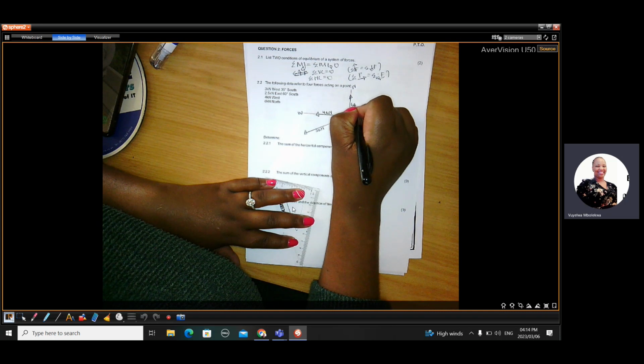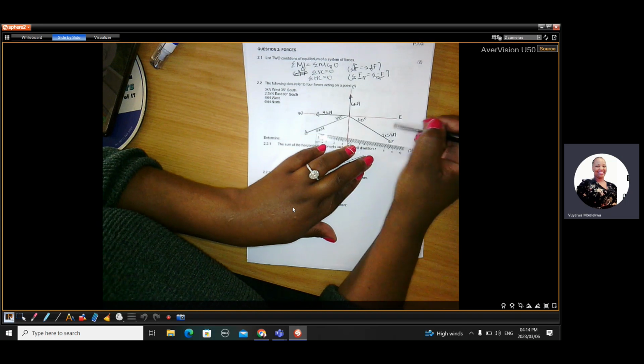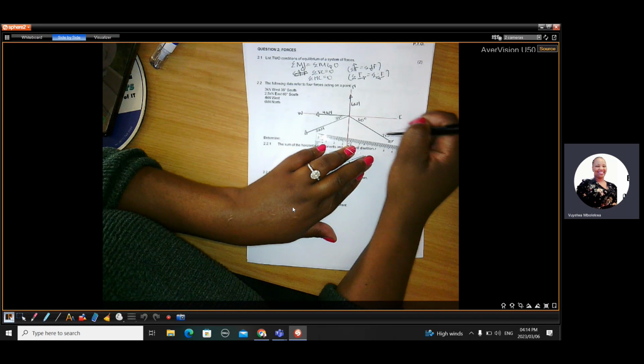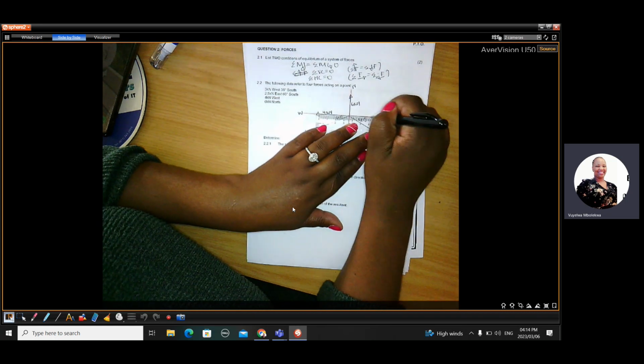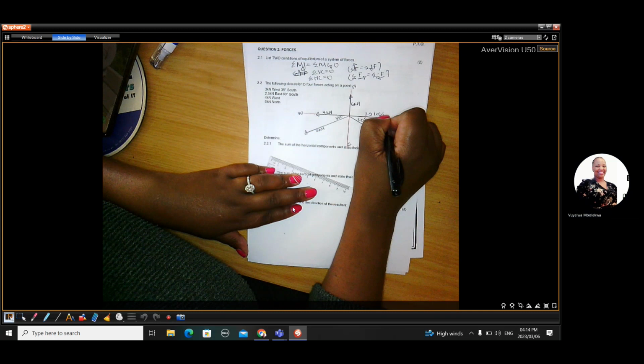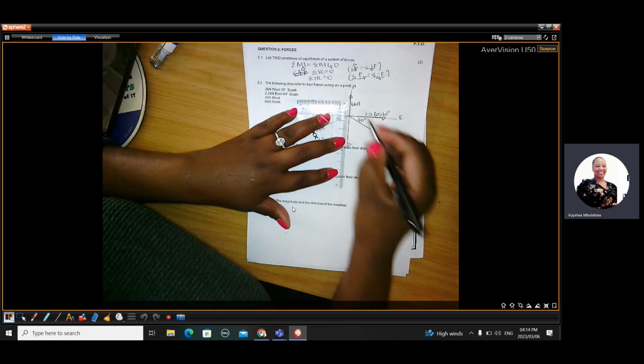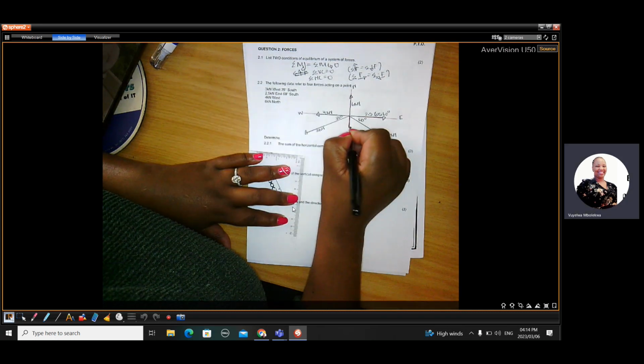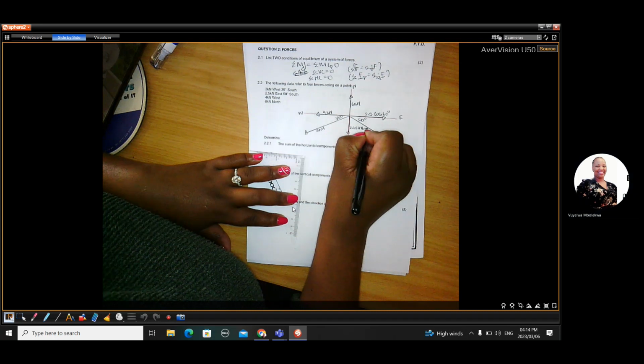Okay. So here you will have components of the 2.5 kilonewton force. The one component will run here, which is 2.5 cos 60. And then the other component will run down here, and it's 2.5 sine 60.